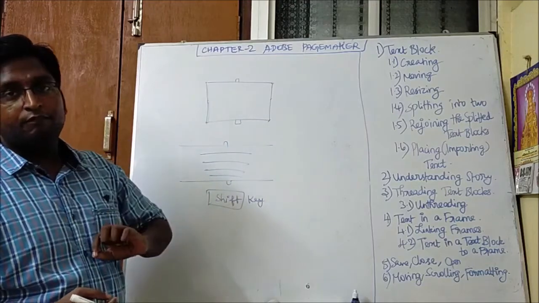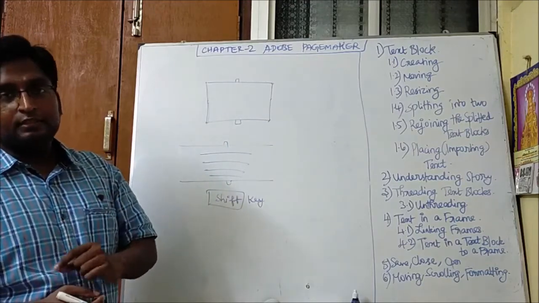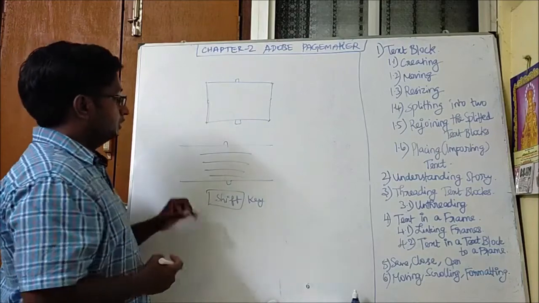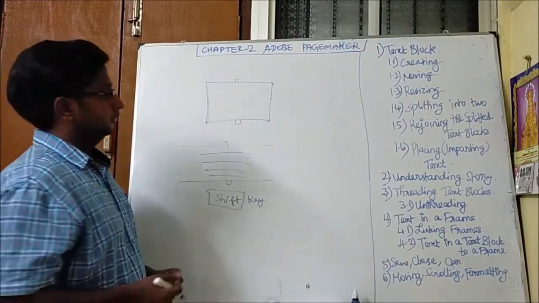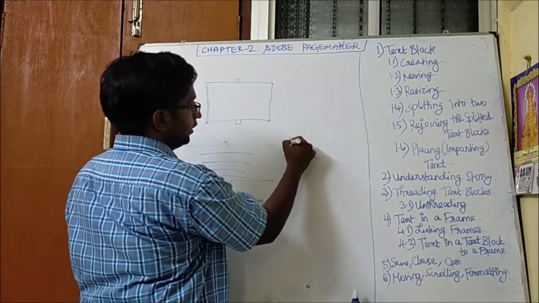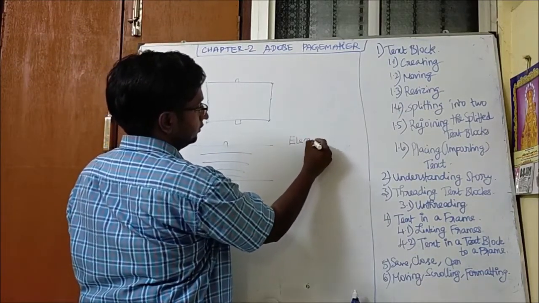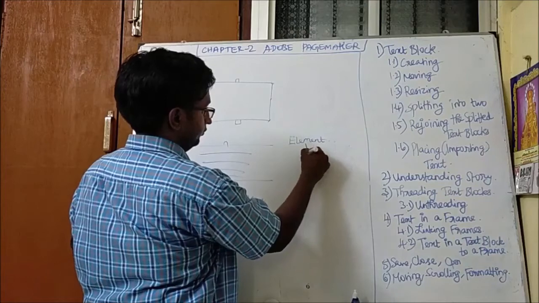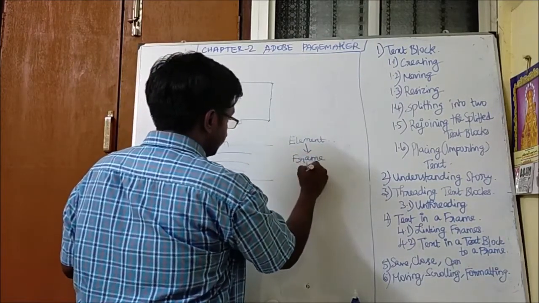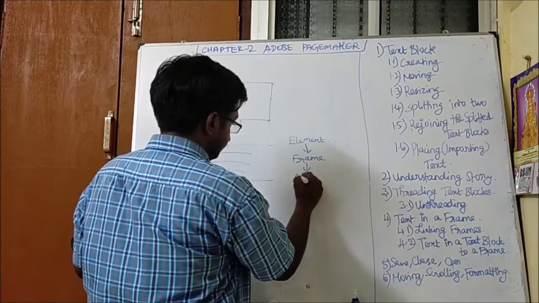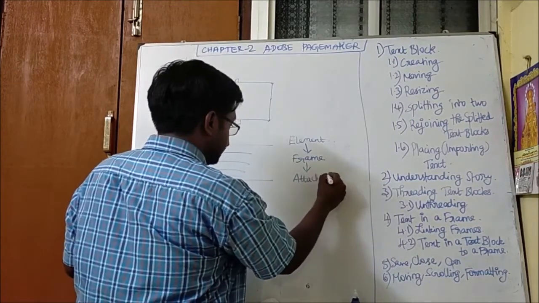Select the frame where you want to insert the text. Now both the text and the frame got selected. Go to the menu, Element, Frame, Attach Content.